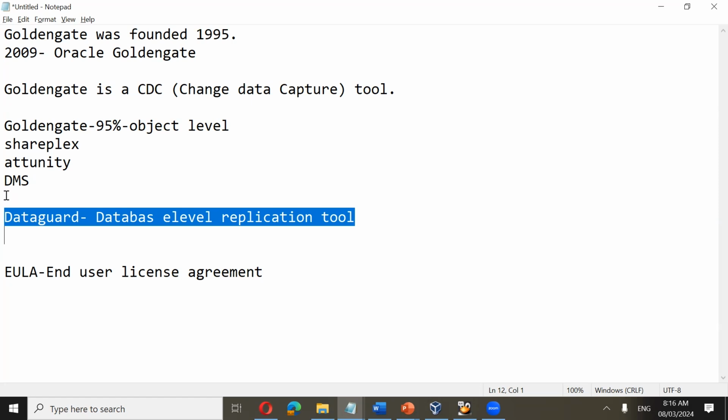So when you run an alter system or alter database command, DataGuard can replicate it. But Goldengate cannot replicate your alter system or alter database command. That's why I say Goldengate is an object level replication tool, and DataGuard is a database level replication.